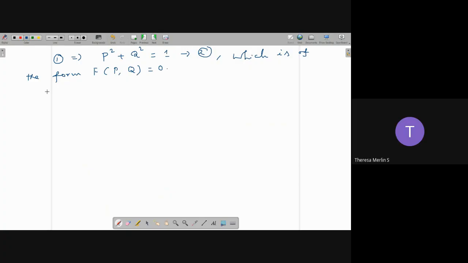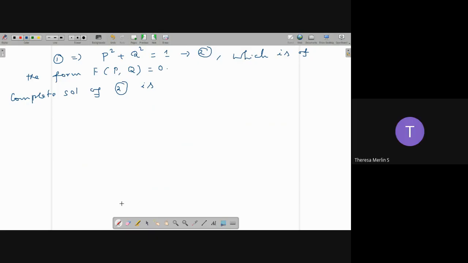Now, the complete solution of equation 2 is capital Z equal to, there you will write small z equal to ax plus by plus c, small x plus small y plus c.